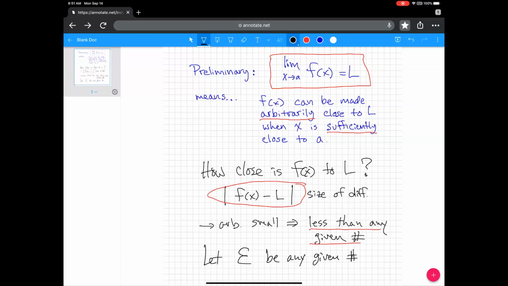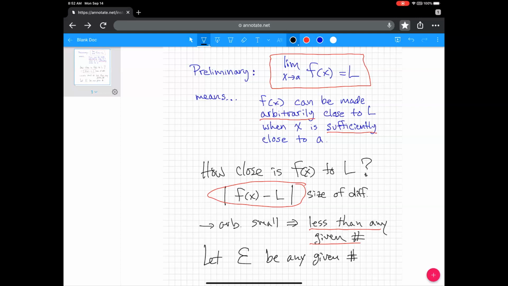You give me any epsilon, no matter how small, 1/billionth, 1/trillionth, I can make f of x closer to L than that. And the way I do that is by making x sufficiently close to A. So already it's probably a little hard to follow here, but this is the key to getting to the actual definition.